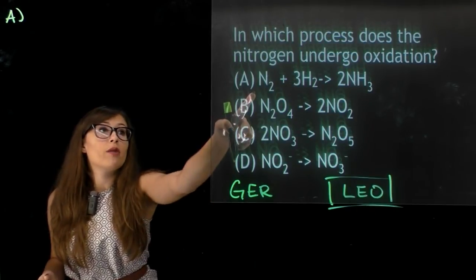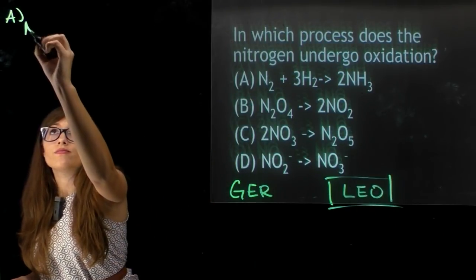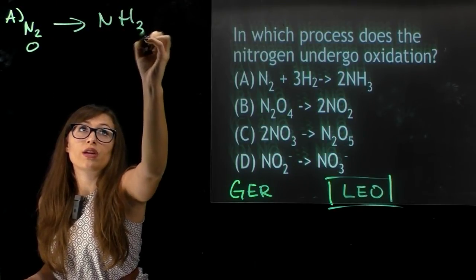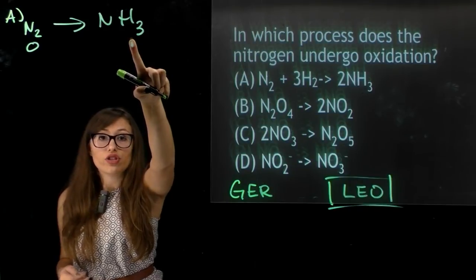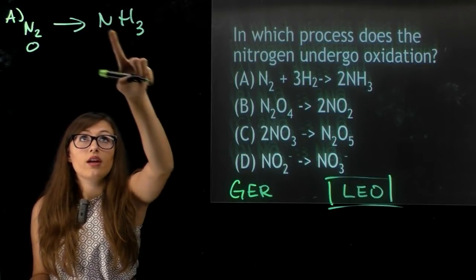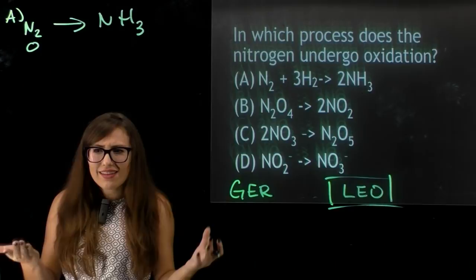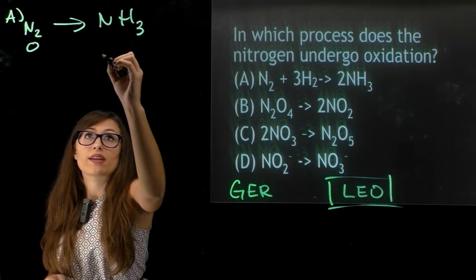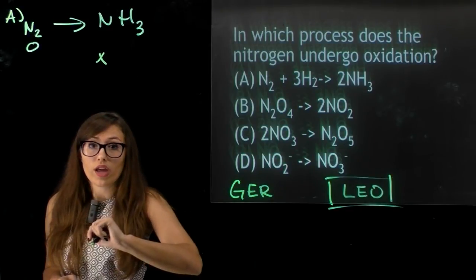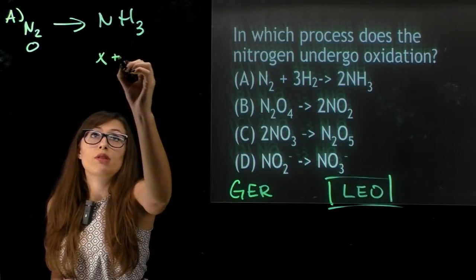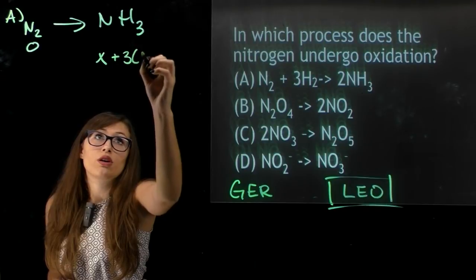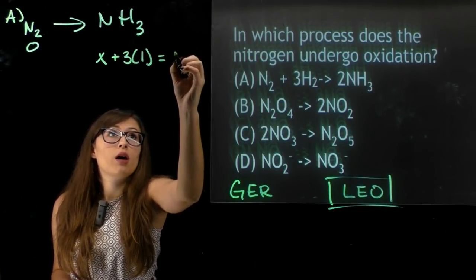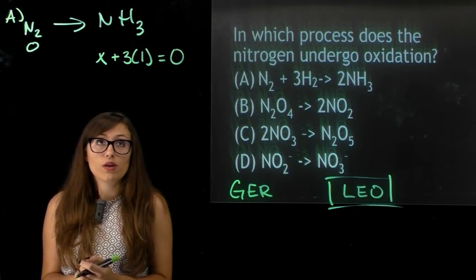And so we're going from nitrogen at 0 to nitrogen in NH3, where we know hydrogen is always +1, and we don't know exactly in this case what nitrogen is, so we can set up the following algebraic expression: we don't know the oxidation number for nitrogen, x, plus we know the oxidation number for hydrogen, which is 1, and this is a neutral molecule, so it's all equal to 0.